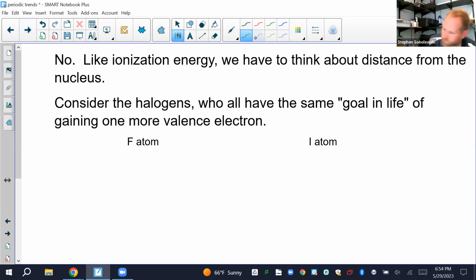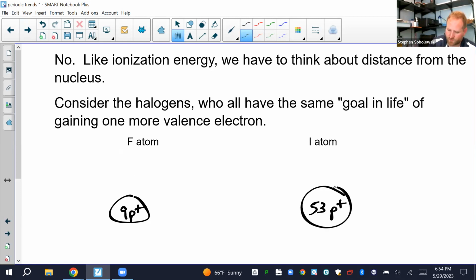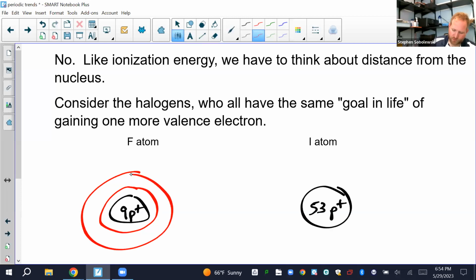Consider fluorine and iodine. Here's fluorine. We have 9 protons. Here's iodine. We have 53 protons, so a bigger, stronger nucleus. Fluorine has electrons in the first 2 energy levels, right? 1, 2.